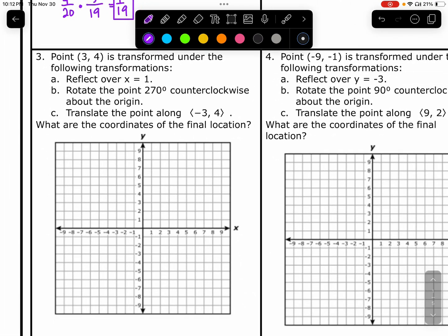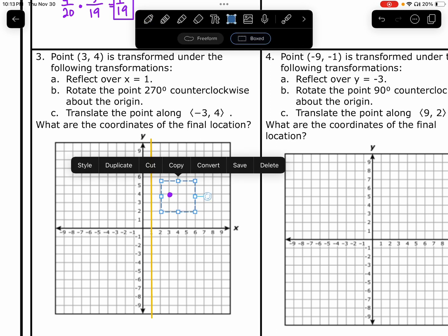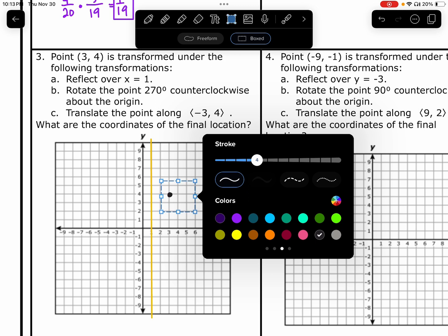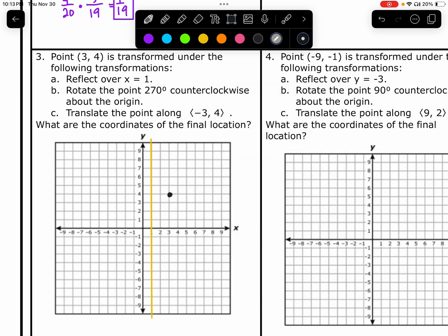So we have 0.34. First it's going to be reflected over the line x equals 1, which is right here. When we reflect it, it will end up over here.